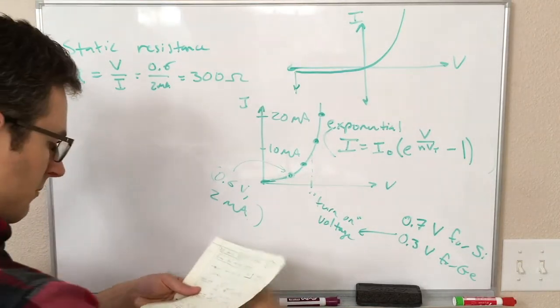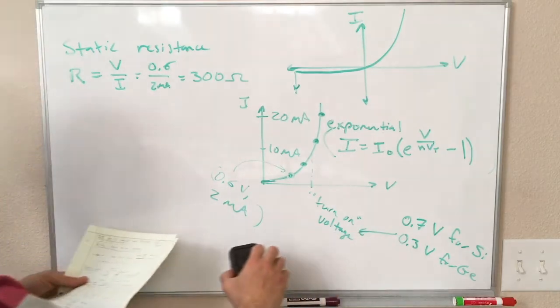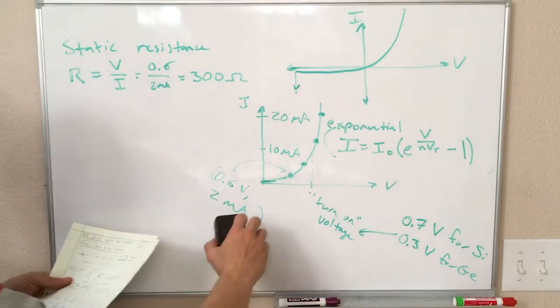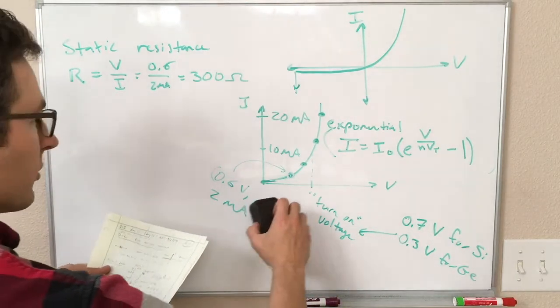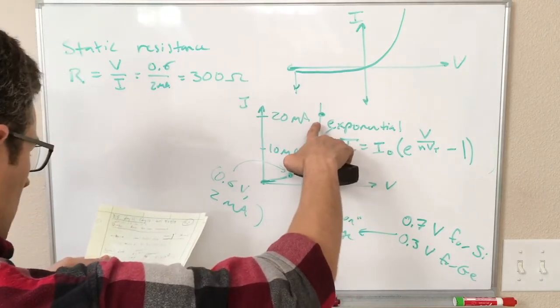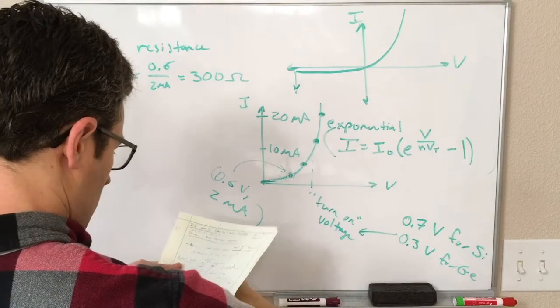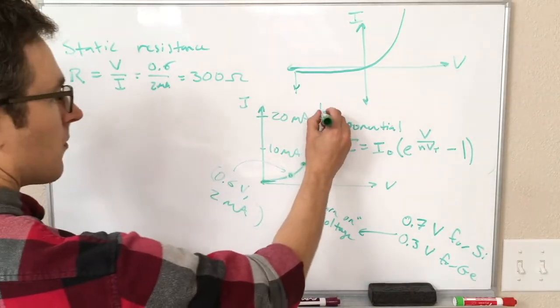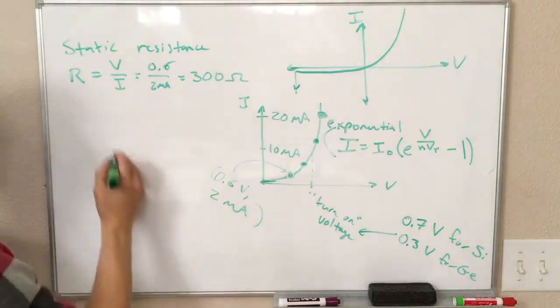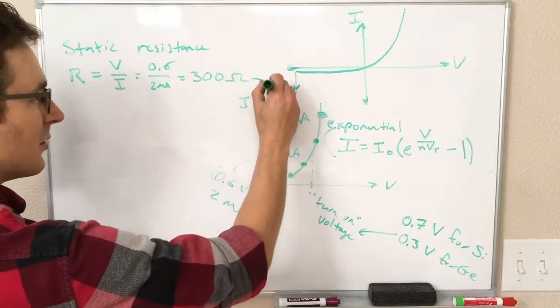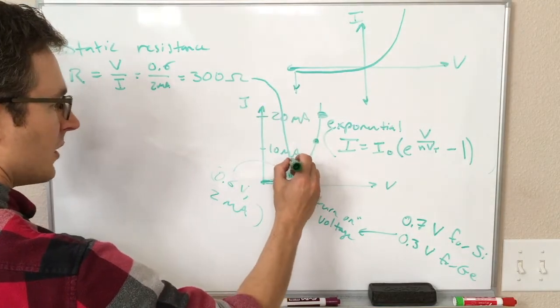We could look at a different point. So let's say we're looking at a point up here where we have 20 milliamps and maybe 0.8 volts. So 300 ohms was this point.